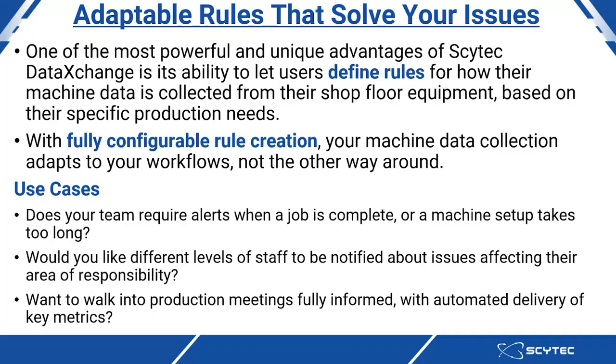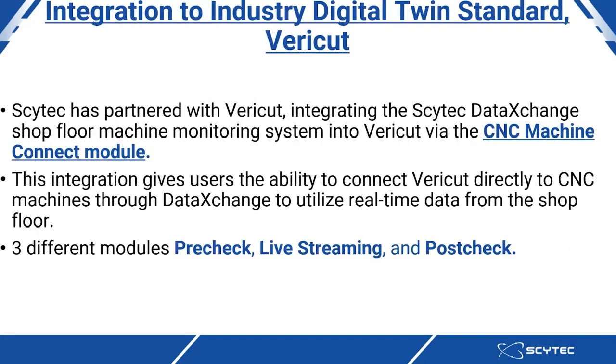We also have the integration to the industry standard, or digital twin standard, Vericut, that is offered within Scytec DataXchange. Scytec has partnered with Vericut, integrating the Scytec DataXchange machine monitoring platform into Vericut via the CNC Machine Connect module, which includes 3 different modules: the pre-check, live streaming, and post-check functions.